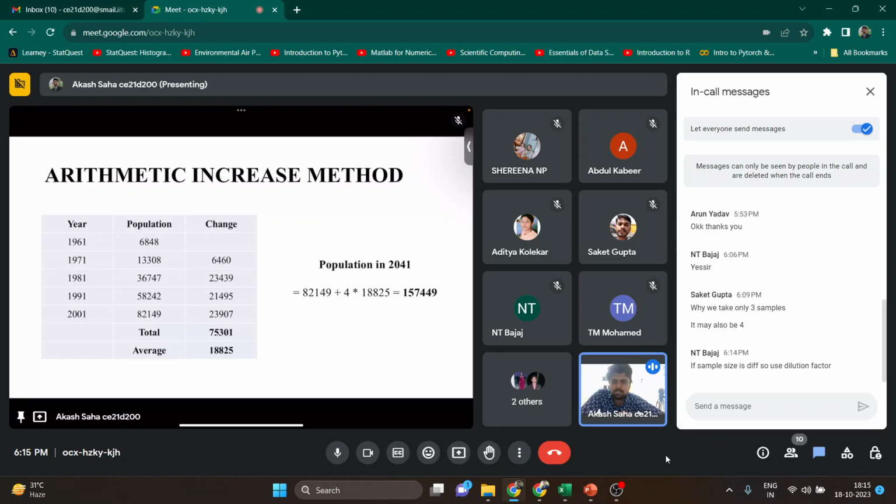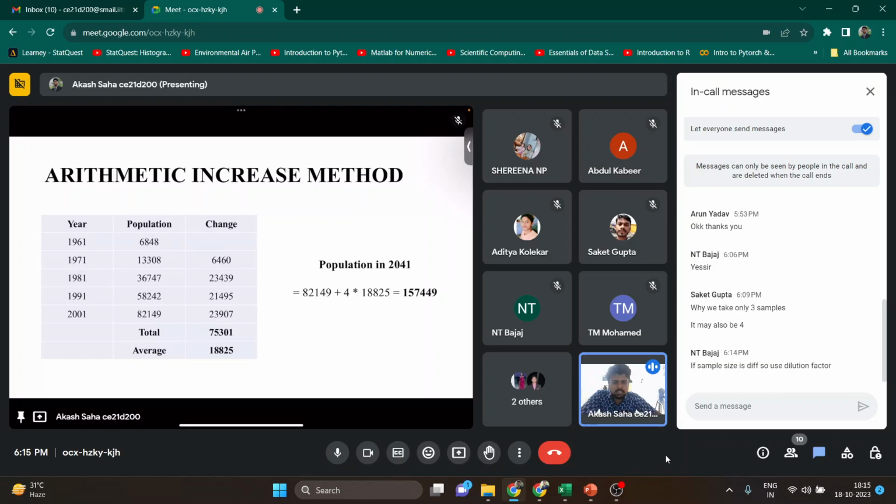It is coming out to be 75,000, and then 75,000 divided by 4 we will do and get the average. So arithmetic increase, what does it say? Each decade, whatever average increase was there previously, that much will get added.